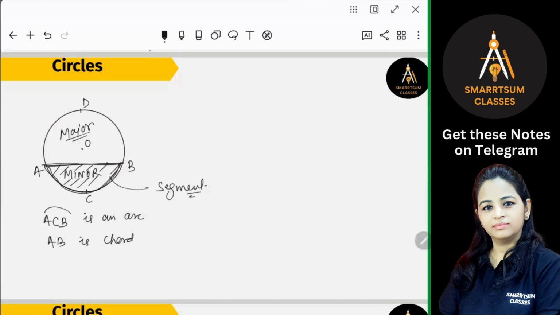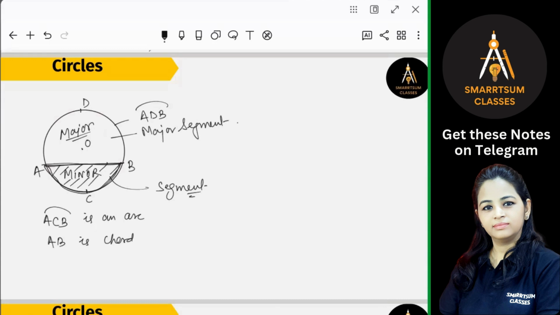Here ACB is the smaller arc in comparison to ADB, which is the bigger arc. That is why the upper one is the major segment and the lower one is the minor segment. So a segment of the circle is always bounded by an arc and a chord.